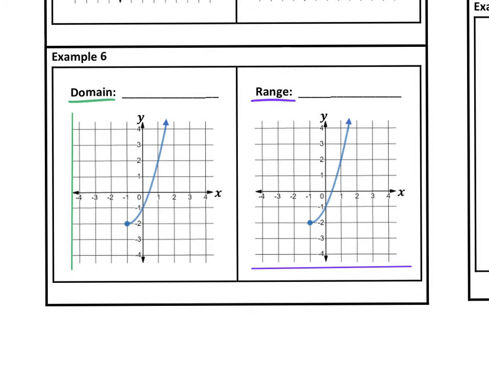For domain, again, we're scanning from left to right. As I'm approaching this blue graph, I make contact at -1. Does that location have a closed circle or open circle? It's closed, so I'm going to put a bracket, comma.